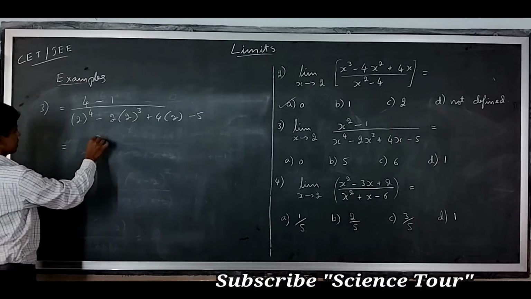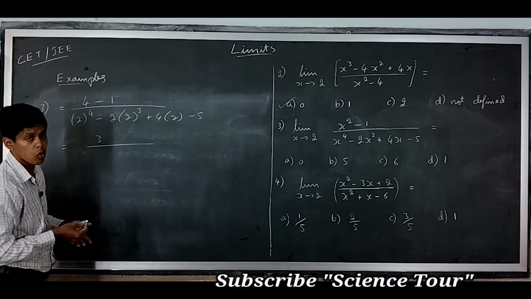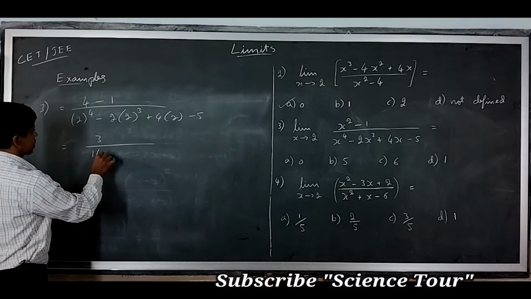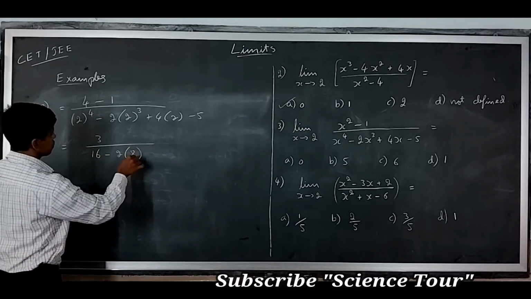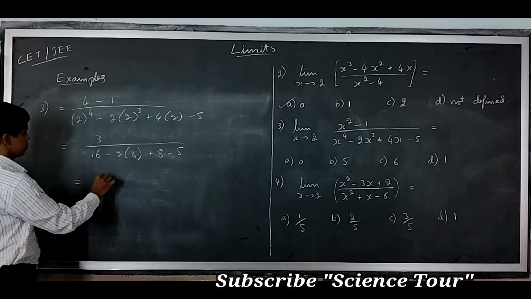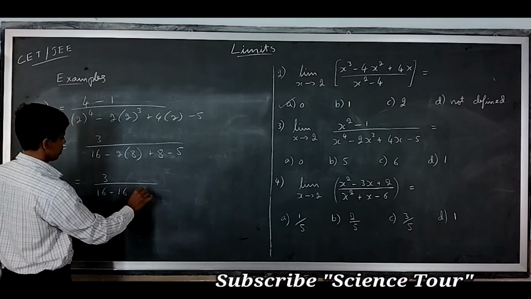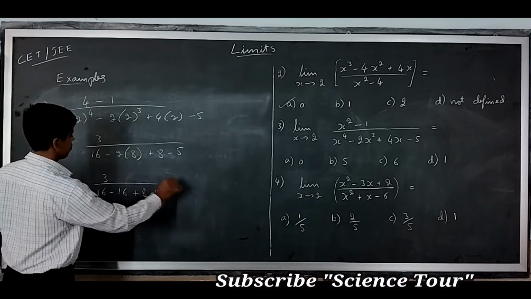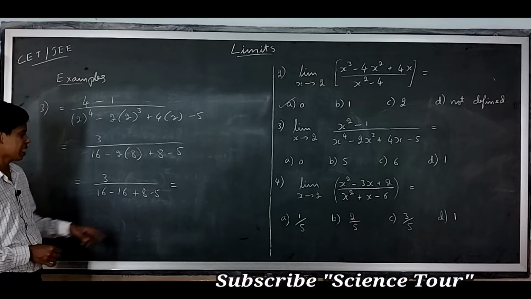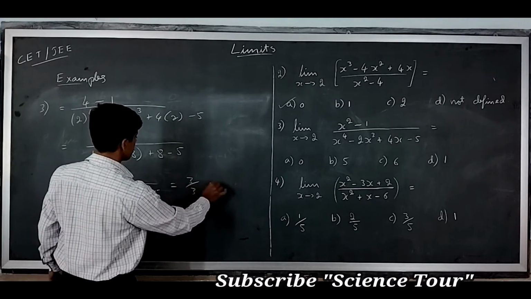Well, now that is 3 on the numerator, and this is 2 to the power 4, 16, and minus 2 into 8 plus 8 minus 5. So simplify the denominator, which is 16 minus 16 plus 8 minus 5, right? So 16 minus 16 cancel out, 8 minus 5 is 3. So you are getting 3 by 3, which is 1.